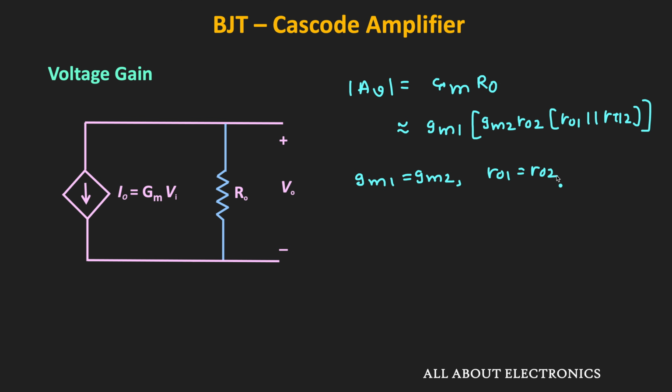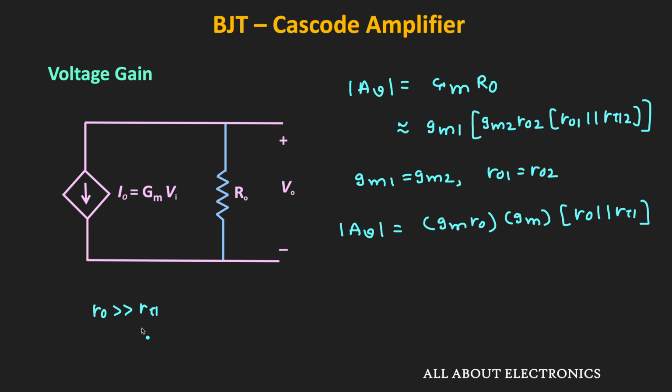then this voltage gain can be given as Gm times R0 times Gm times this R0 parallel r pi. Typically, the value of this parallel combination will always be less than r pi. But for a moment, let's assume that R0 is much greater than r pi.